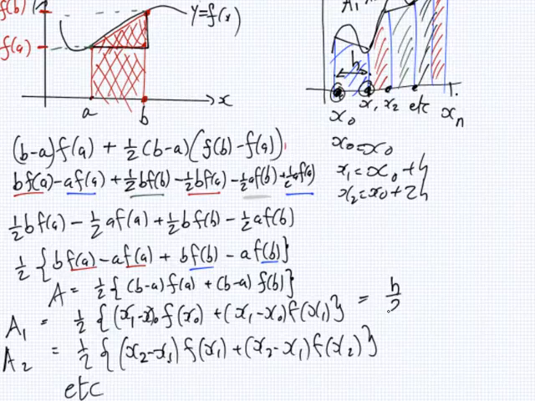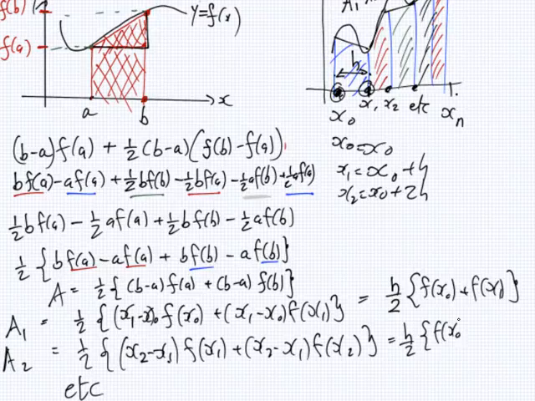h over 2 times f(x0) plus f(x1). And the next one is h over 2 times f(x1) plus f(x2). And you can kind of see a pattern here. The next one would be f(x2) plus f(x3).